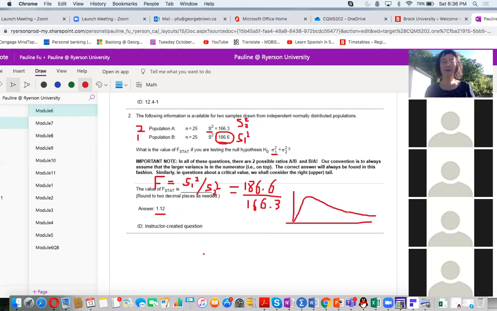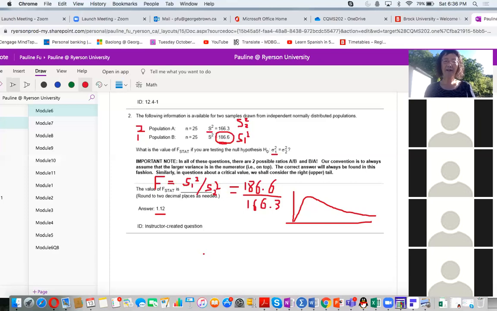Okay, this is the F distribution. The value for F is always greater than 0. You never have a negative F. The reason is the formula for F is square divided by square. Something square is always a positive number, okay? So that is the F test statistic.